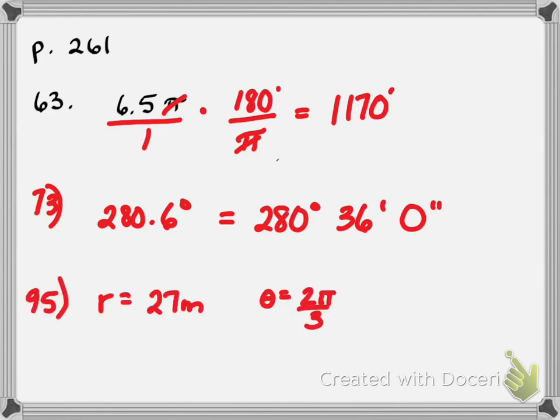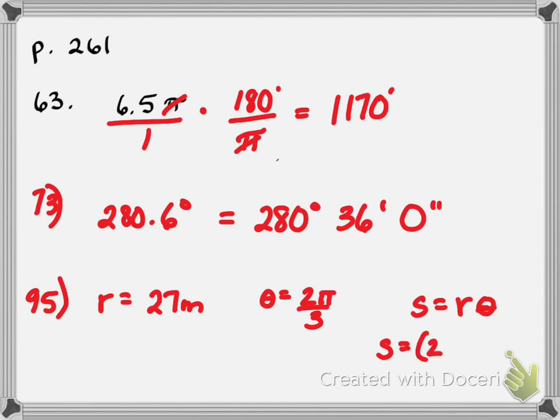On number 95, it says find the length of the arc on a circle of radius r intercepted by a central angle theta. So that's going to be using the formula S equals r theta, where S is the arc of the circle, r is the radius, and theta is the angle. So all we have to do is remember that theta must be in radians, and it is.